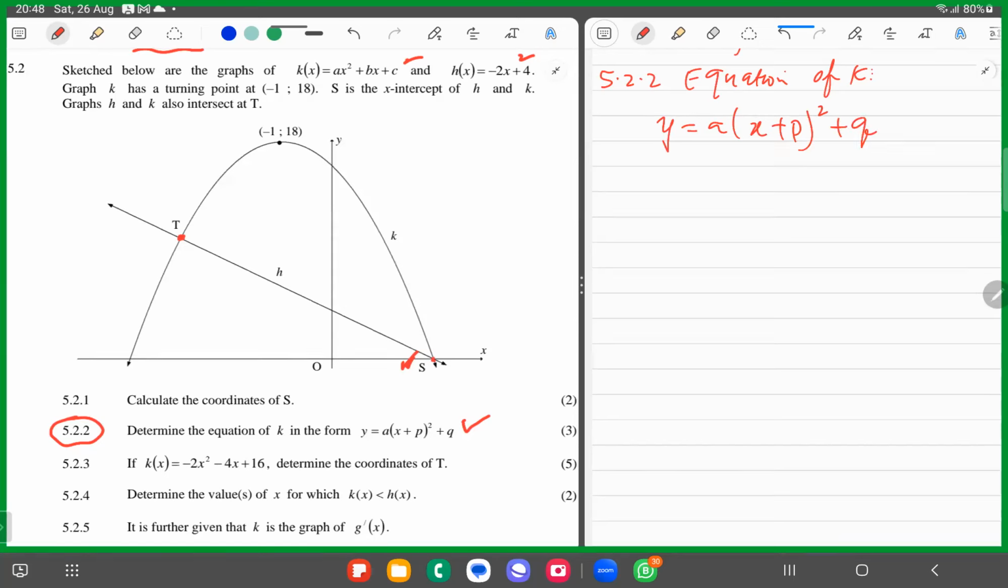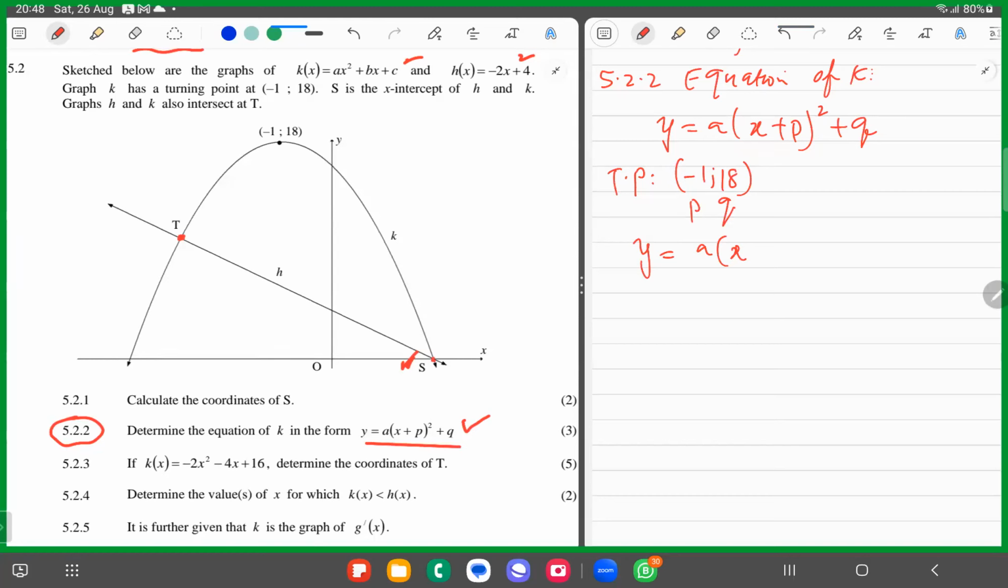So we have the turning point, TP, the vertex, which is -1 and 18. P and Q. This means y would be a into x, like this. Okay, I've just taken exactly the equation given there.